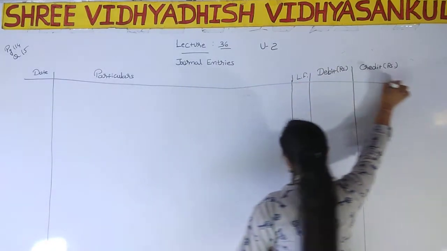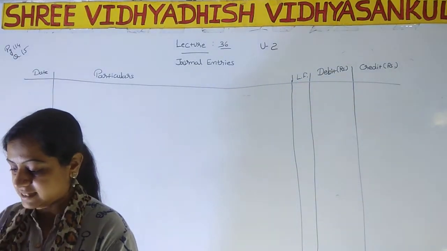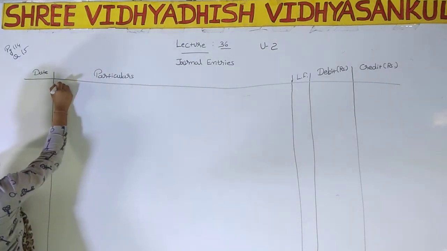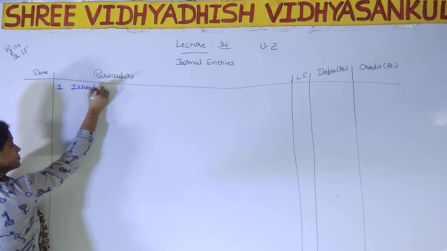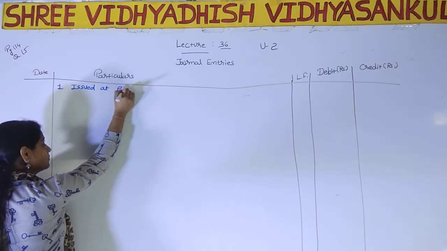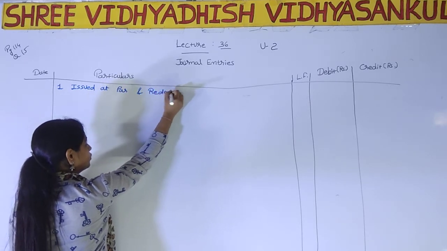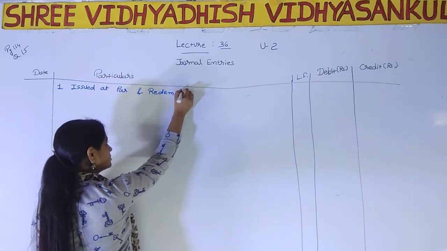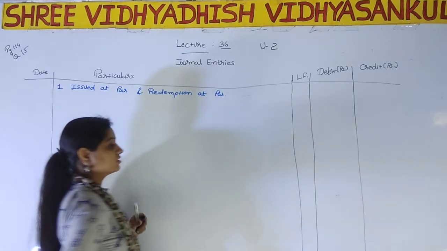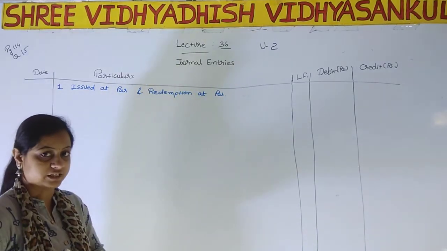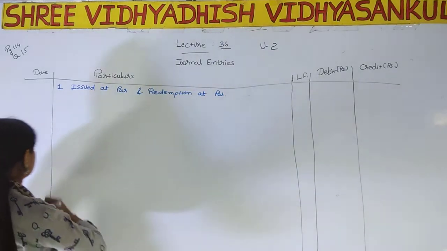Right? So the first condition which they have given is issued at par and redemption at par. So we have to write the issue entry of the first condition, right? Because they have said to write only issue entries.